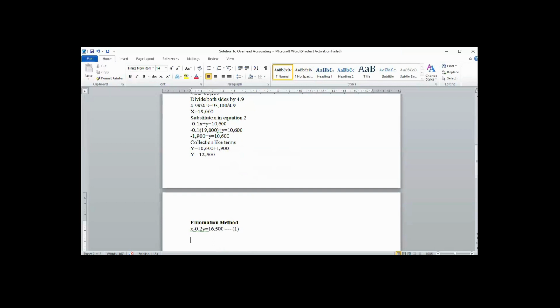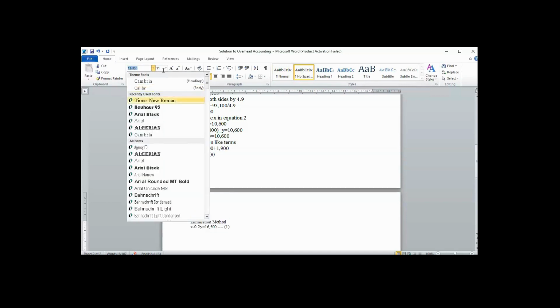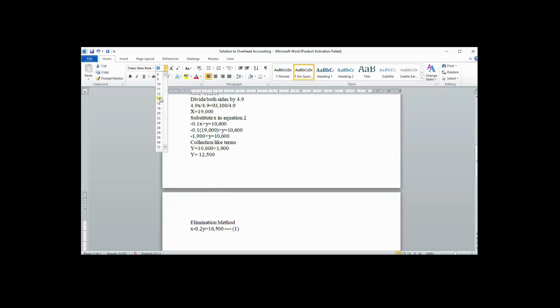Is it clear? What is our equation 2? Minus 0.1x plus y equals 10,600.